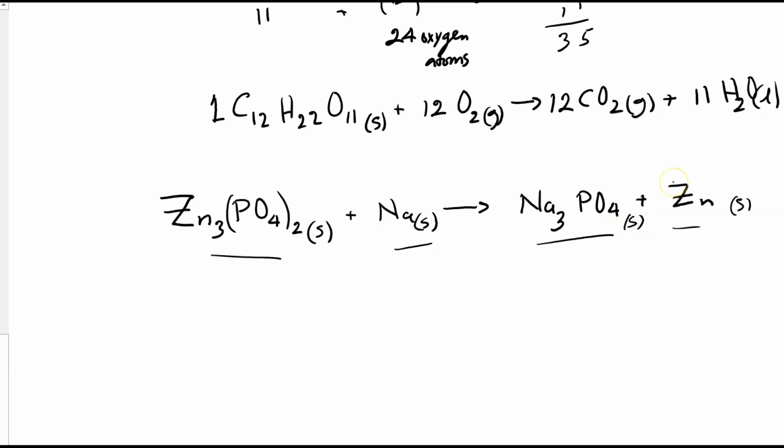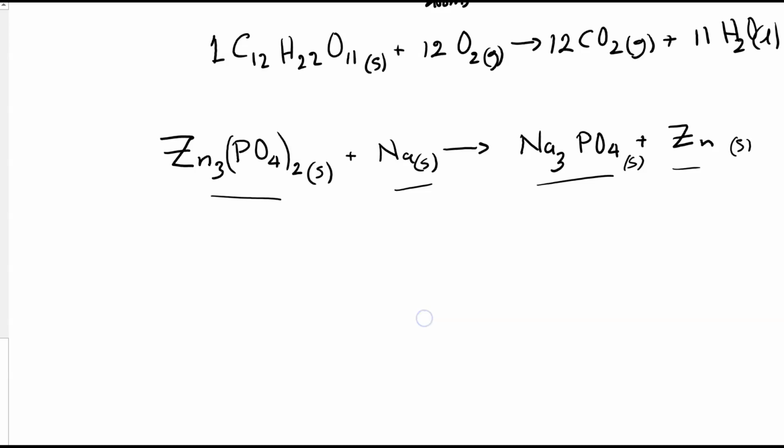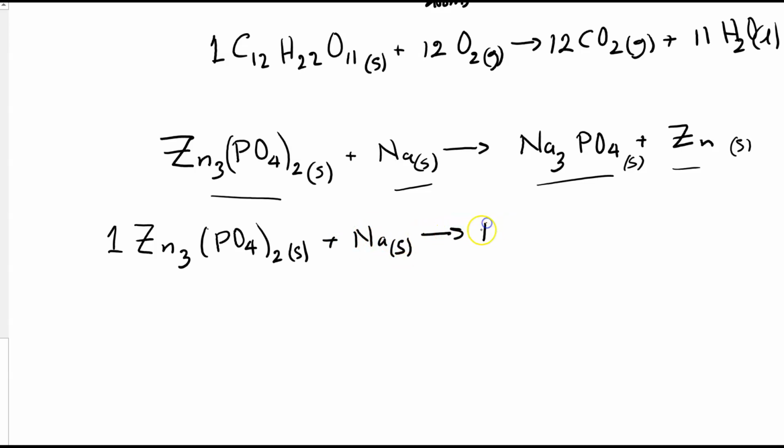So if we take the zinc phosphate as the point of start for this reaction, we put a 1 in front of the zinc phosphate, and that gives us the first step plus the sodium, yields sodium phosphate plus the zinc.